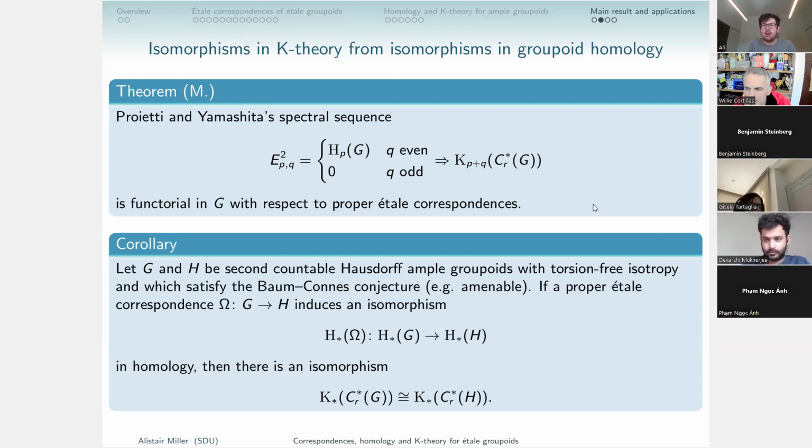I mean, the group homology is a direct summand of the cyclic homology of the group algebra, and actually you have a direct summand at the level of cyclic modules. You can build a cyclic module out of the standard groupoid homology complex.